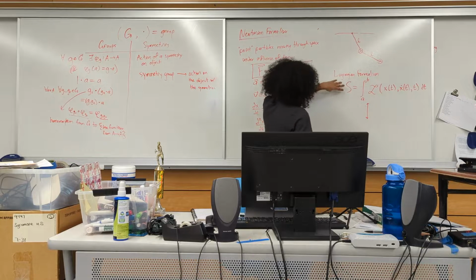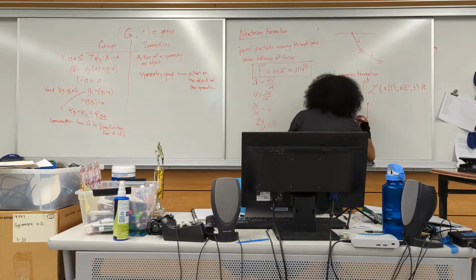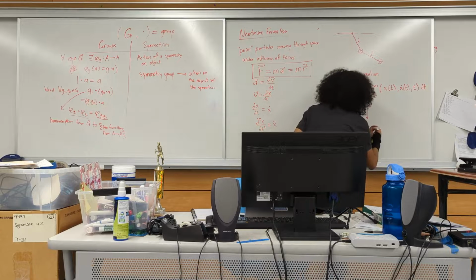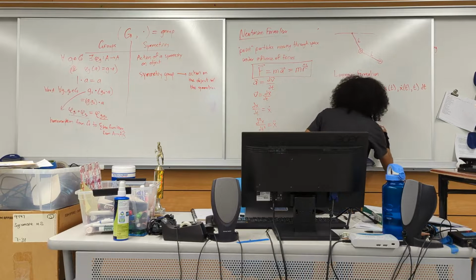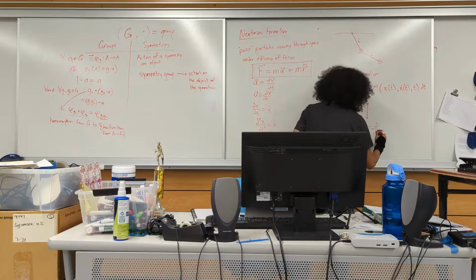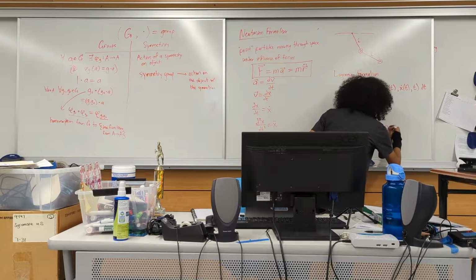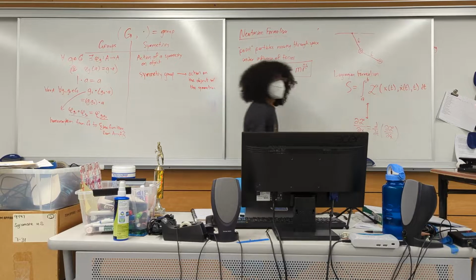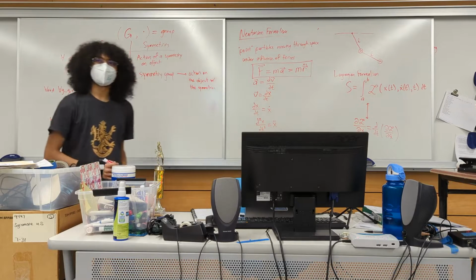The condition that this is extremized is that the partial derivative of the Lagrangian with respect to x is equal to the time derivative of the partial derivative of the Lagrangian with respect to the velocity x dot. Okay?